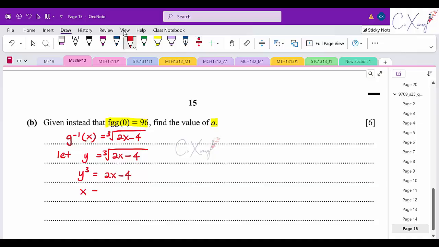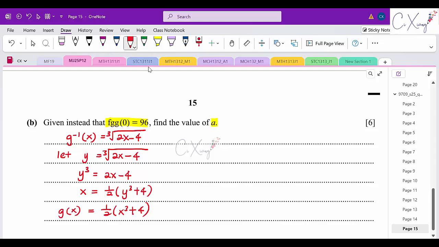Then after that, I'll have 1 over 2, then y cubed plus 4. So I rewrite again in terms of x. So I have g(x) equals half, then x power 3, then plus 4. So this is my g(x).